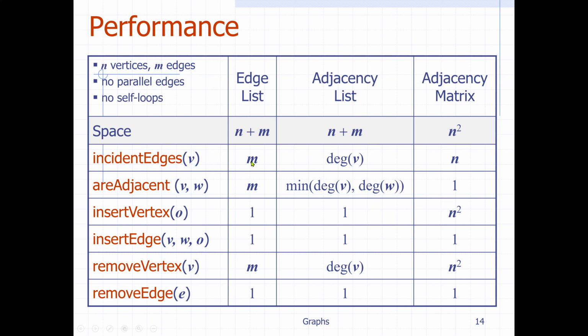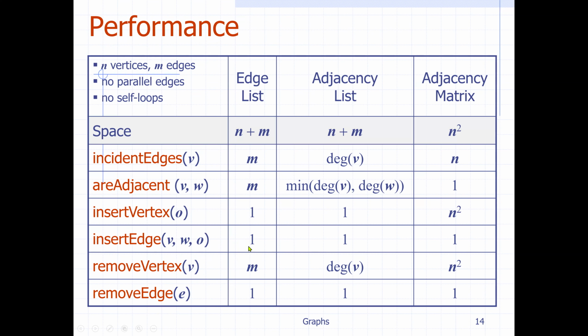So it will be the number of the M. Then the degree of V also with adjacency list, it will be degree of V. Now with adjacency matrix will be the number of vertices we have, so N. And also if you are looking for adjacent, the same thing M, we may have a minimal degree for V and also the degree for W. And in terms of matrix, it's only 1.